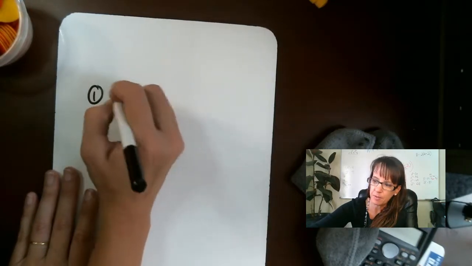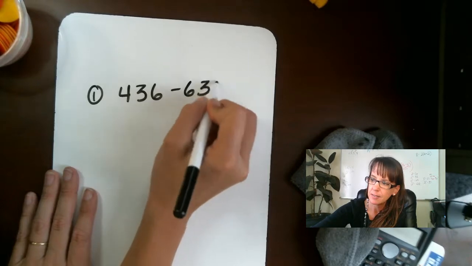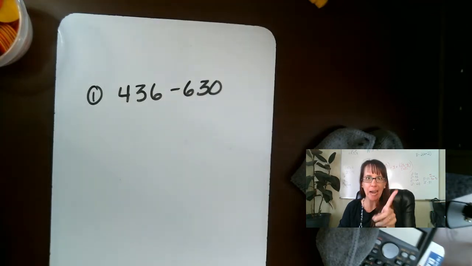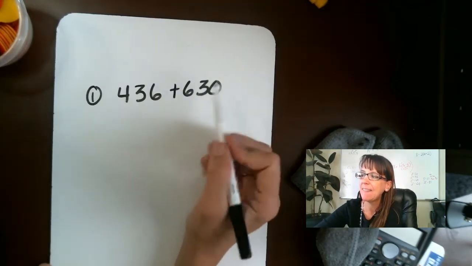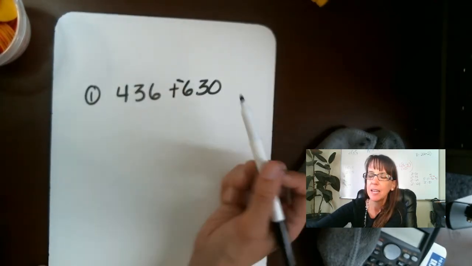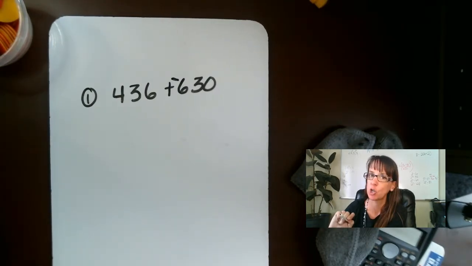I. Simplify 436 minus 630. Now, 6th graders subtract, 7th graders add the opposite. Add, and then the opposite of positive 630 is negative 630, okay? Looking at this, we can see that our negative team is definitely larger, right?